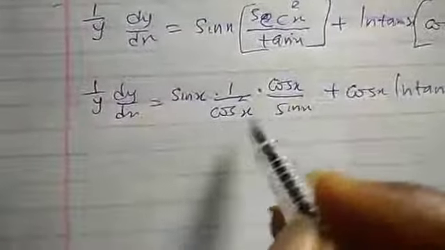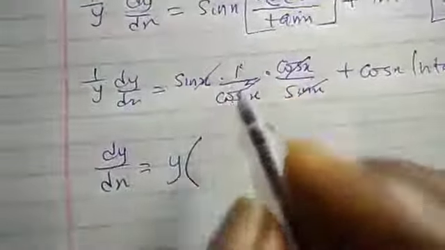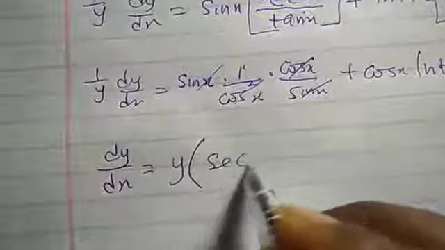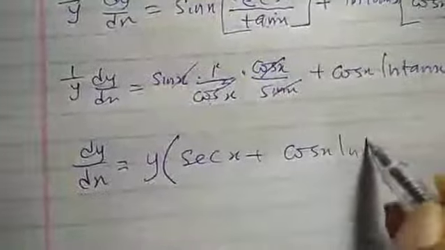Some things will cancel here. You observe this is cancelled, this is cancelled. All we have left is 1 over cos x. So if I make dy dx the subject of the formula, it will be y times whatever we get here. So what we have left here is 1 over cos x, which is sec x, plus cos x ln tan x.